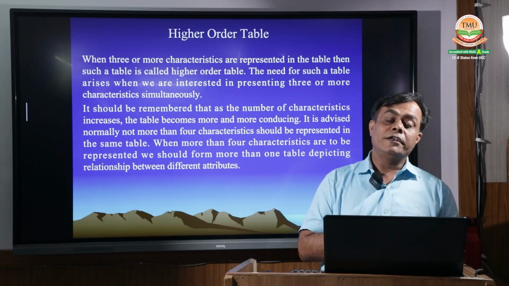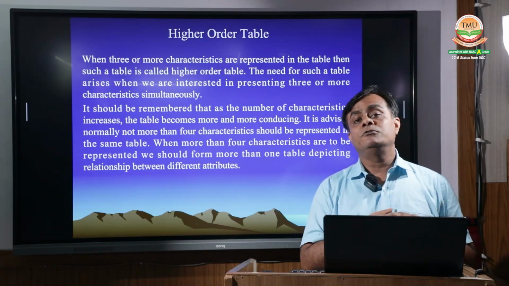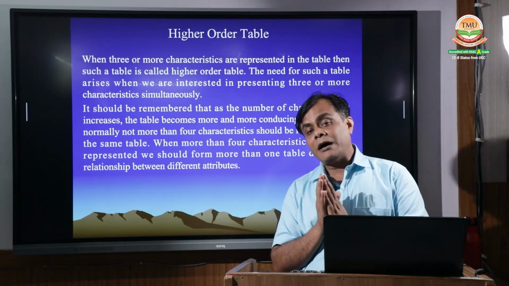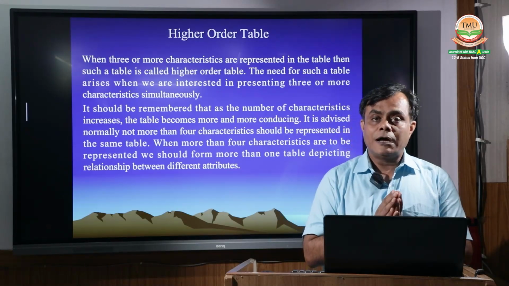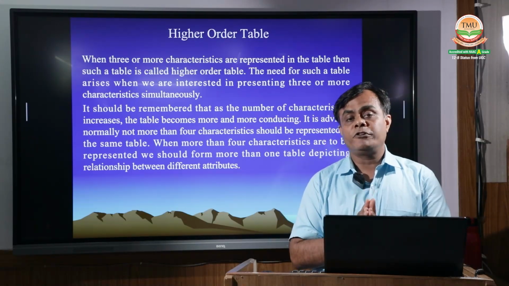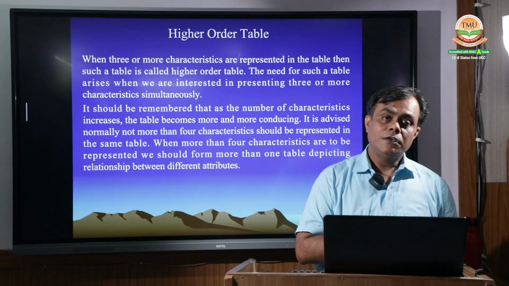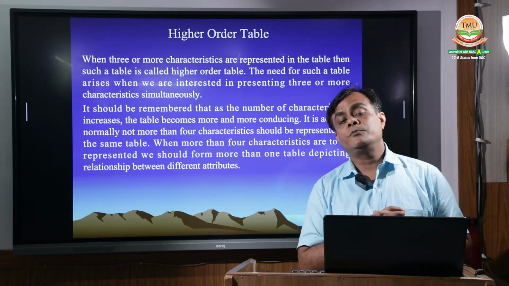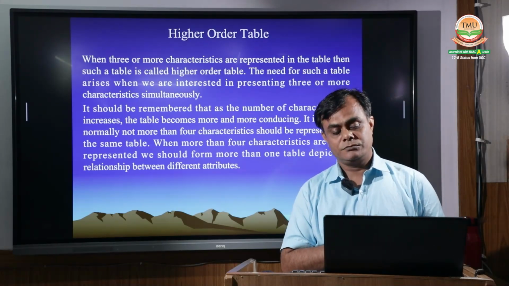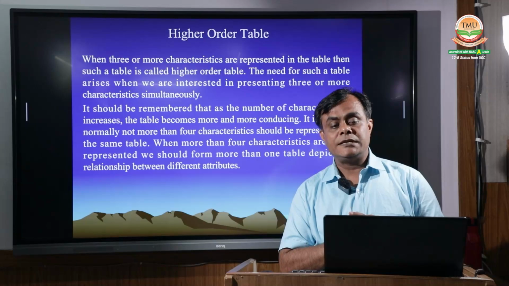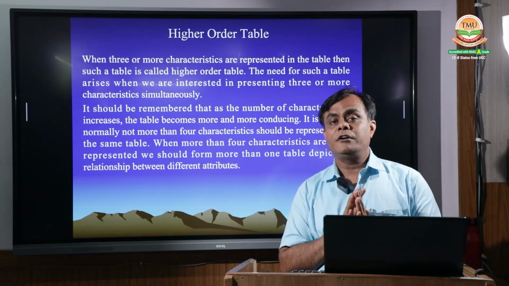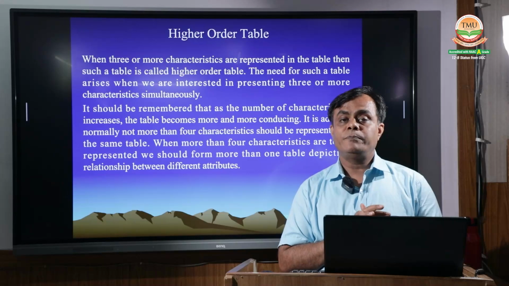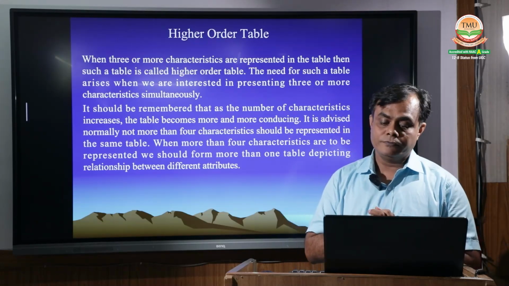So for the readers' better understanding, do not put more than 4 characteristics in a table. But the higher order table is very frequently used by the researcher, investigator, report writer or presenter. These days we can say that the higher order table is significantly used by different practitioners in their field.